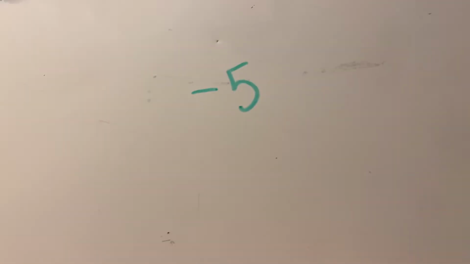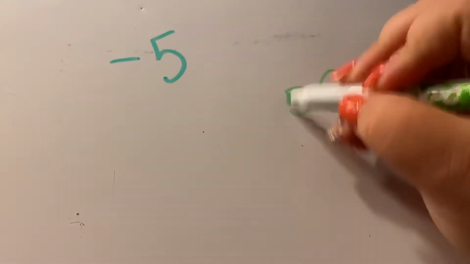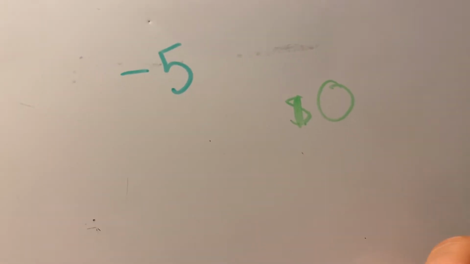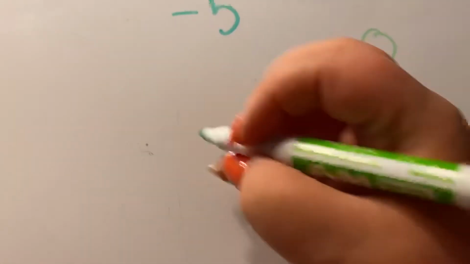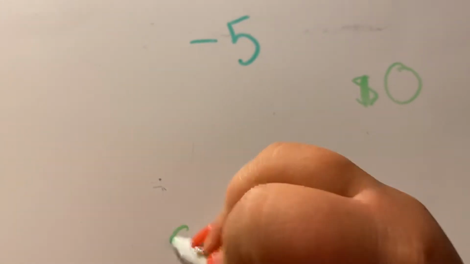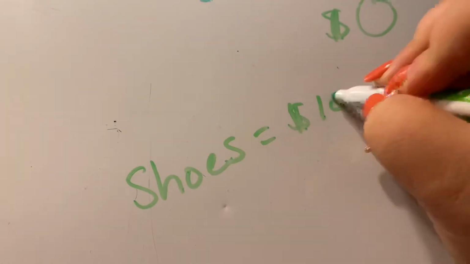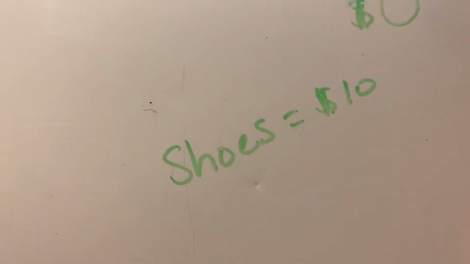-5 is a little trickier. It's a hard concept because when you have $0, you actually have no physical dollars in your hand. But say you went to pay for a pair of shoes, and those shoes were $10, right? And you only had a $5 bill.